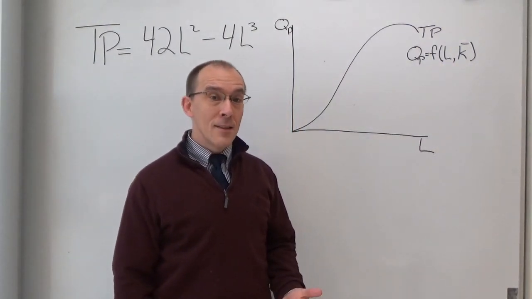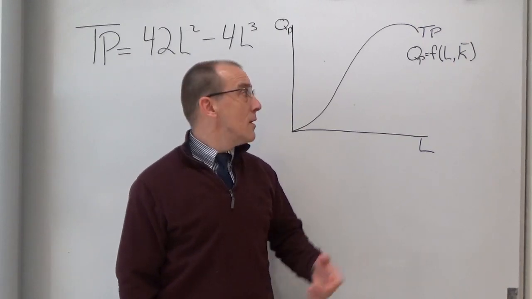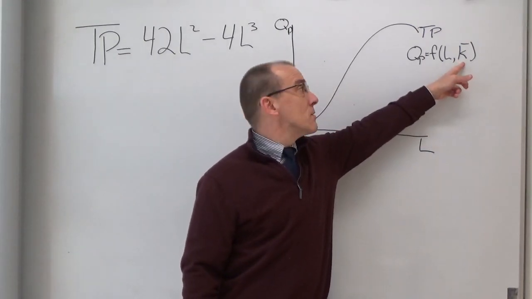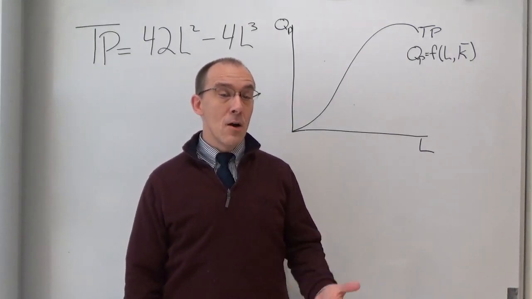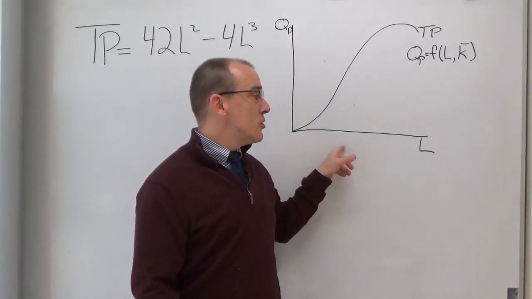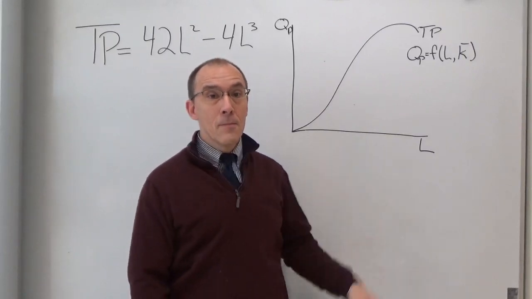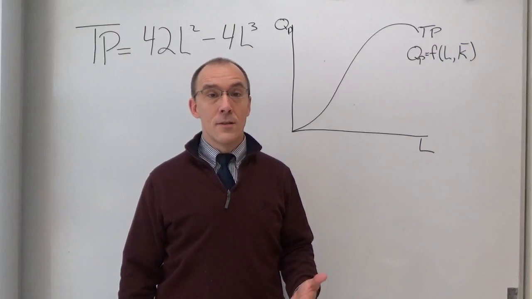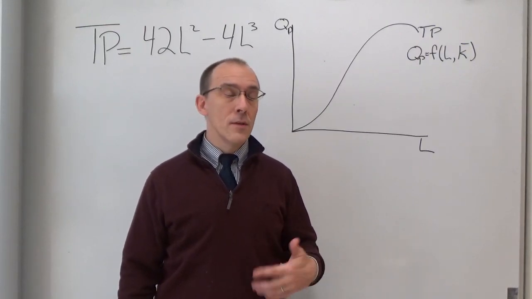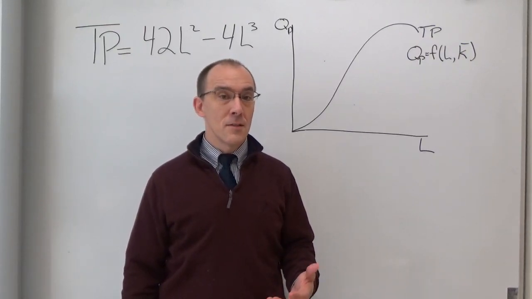But keep in mind that the definition of the short run is that capital is fixed. So we can only affect the amount that we produce by changing the amount of workers we have. When we're thinking about a production function, we're ignoring all the other costs, all the other revenue and all the other issues involved in running a business, and we're focusing just on production.